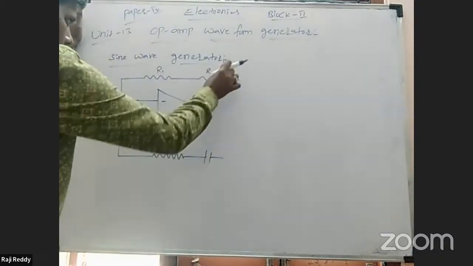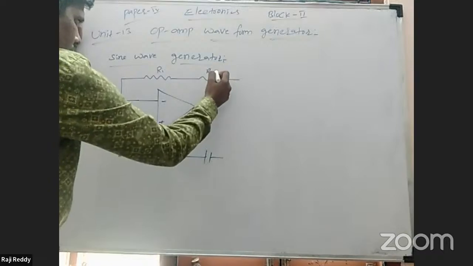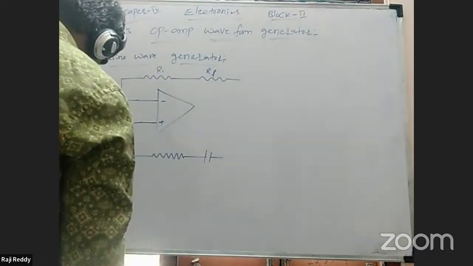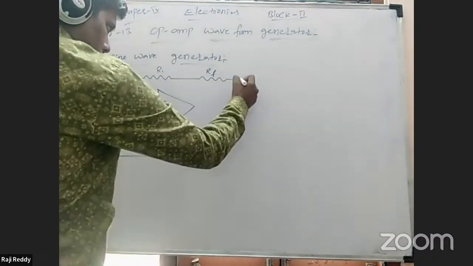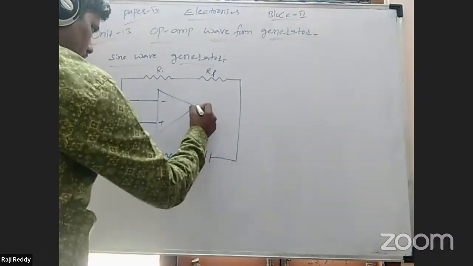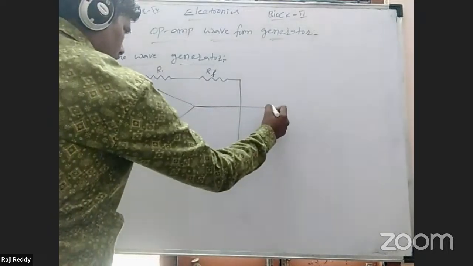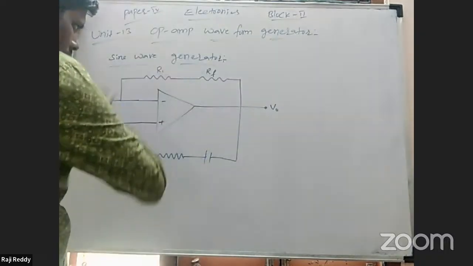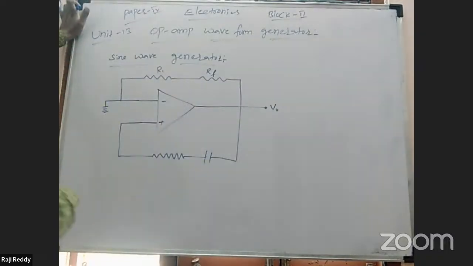This R2 we can take as the feedback resistance. These two have a common connection. This is the output terminal V out. Again, the splitting here is this part is the operational amplifier part.